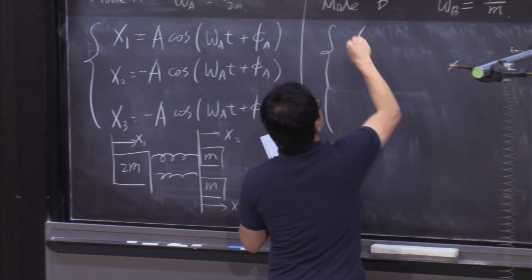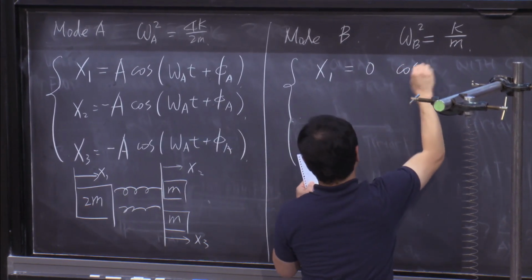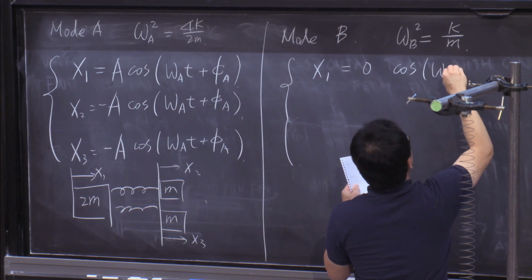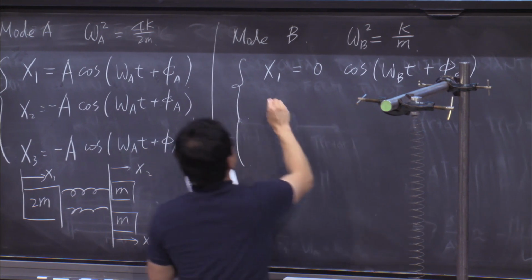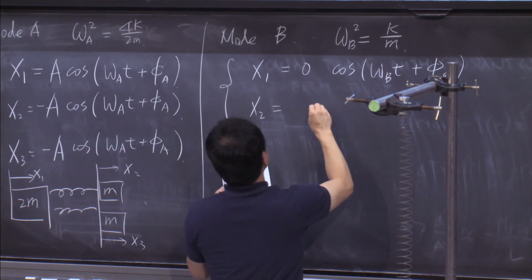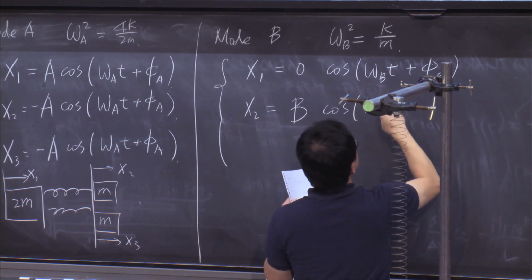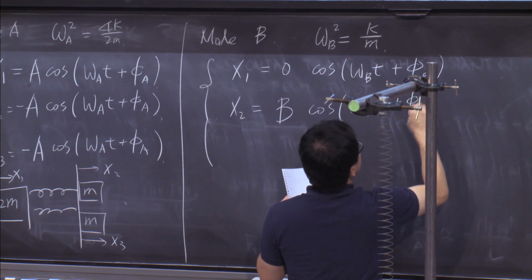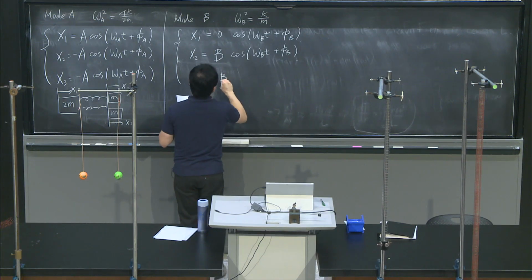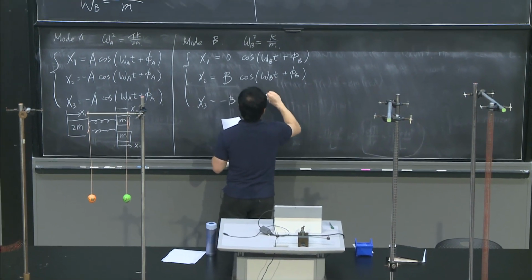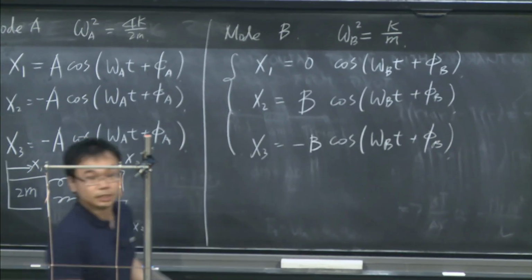And then actually we get x1 equal to 0 times cosine omega bt plus phi b. x2, I get b cosine omega bt plus phi b. x3, I get minus b cosine omega bt plus phi b. Any questions here?